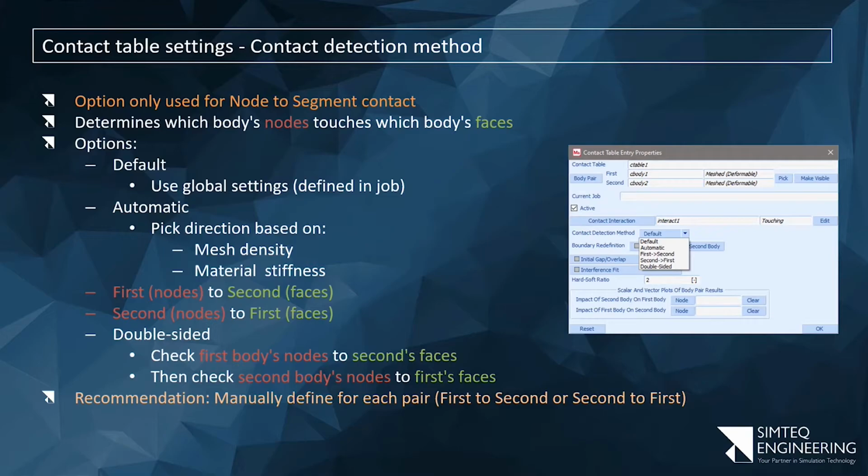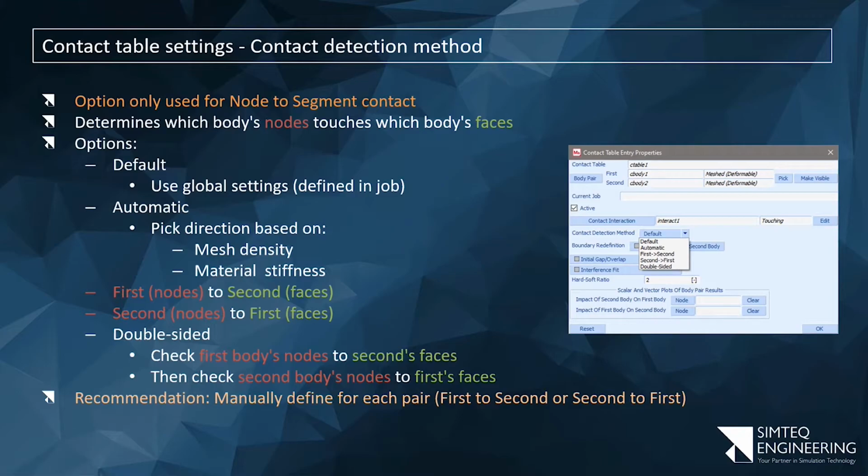But the second requirement, or second ideal, would be if the lower stiffness material touches the higher stiffness material. In other words, if I have rubber and steel, the rubber should touch the steel, not the steel the rubber. Again, it just improves the contact behavior and so on. Not a massive difference, but still it's important that material plays a role.